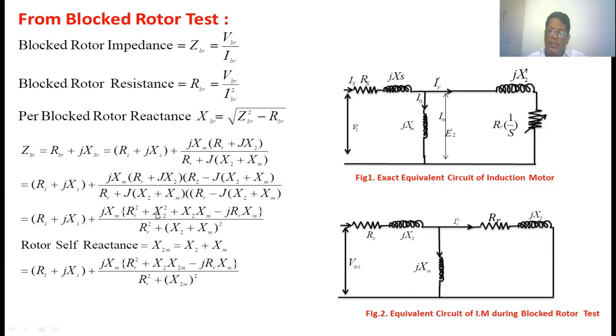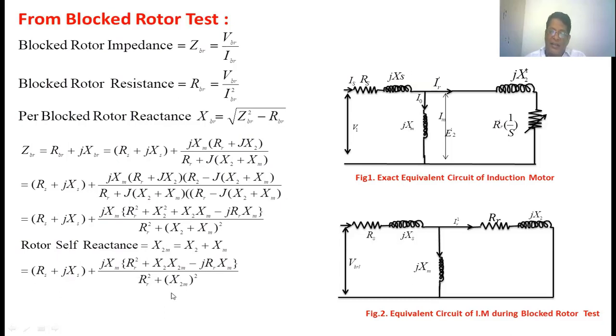Taking X2 common, we get X2 into (X2 plus Xm), and in place of X2 plus Xm we substitute X2M. Finally we get Rs plus jXs plus jXm into (Rr squared plus X2 into X2M minus jRr Xm) whole divided by Rr squared plus X2M whole squared.